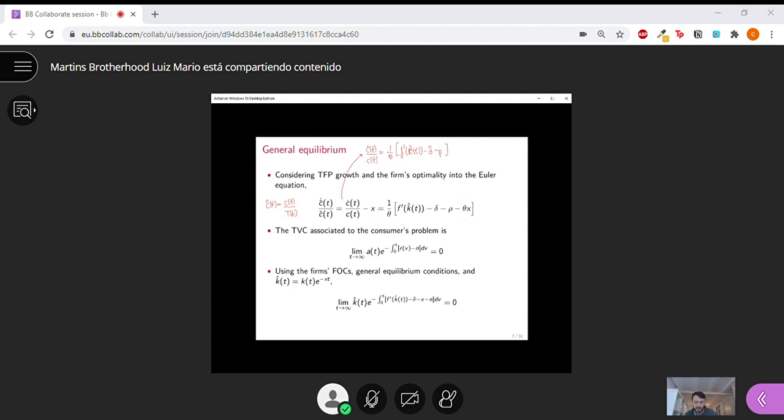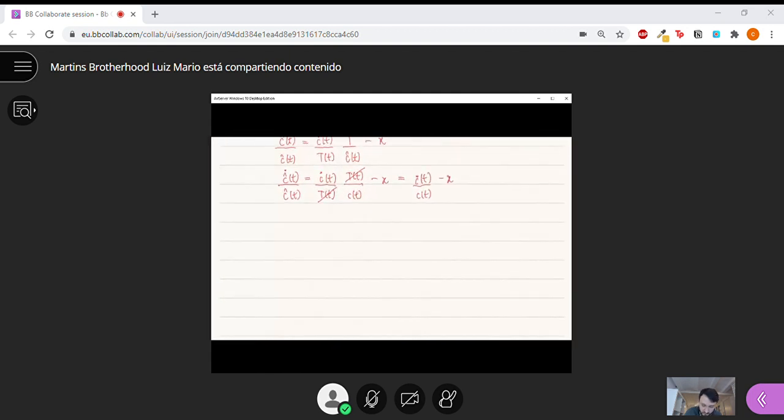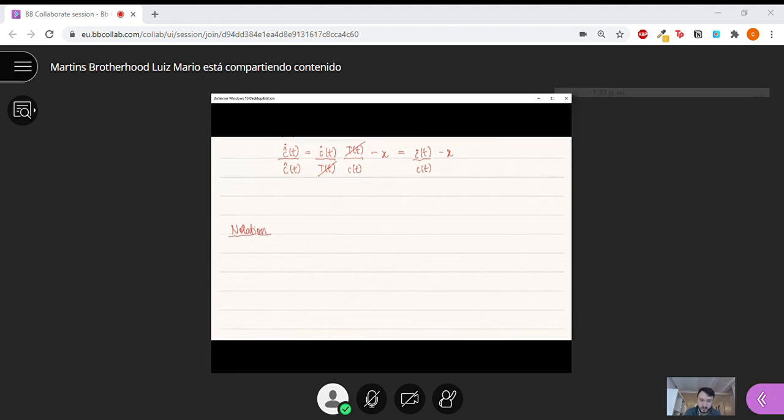Lander is asking about notation. No problem, Lander. That's a crazy notation because we have c hat dot.